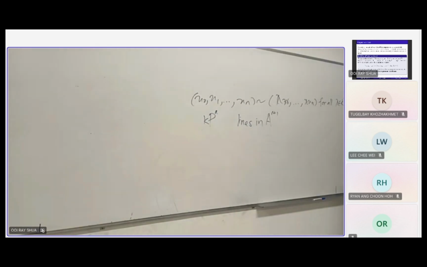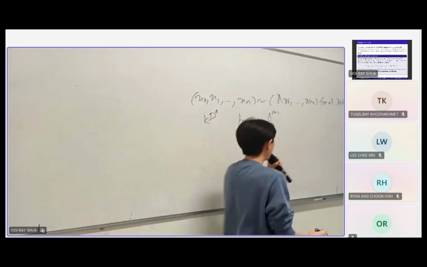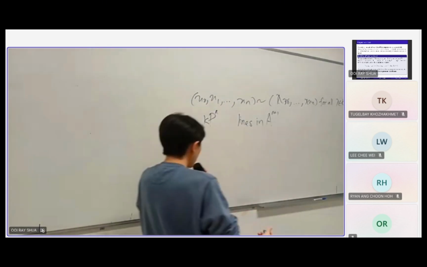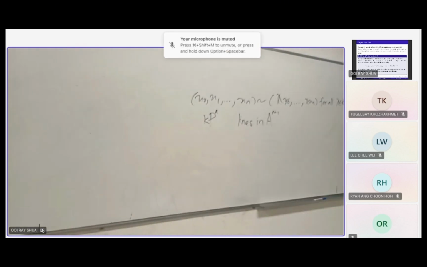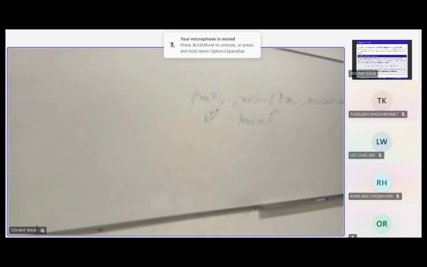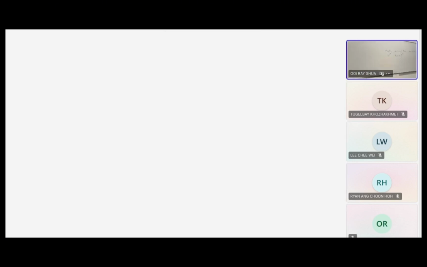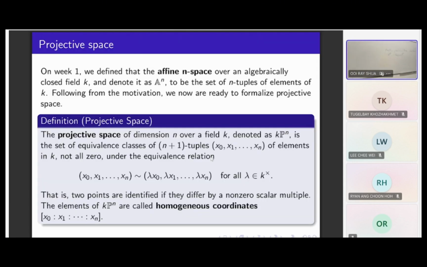And just some notation: the elements of KP^n are called homogeneous coordinates, and instead of the comma, we write the colon.